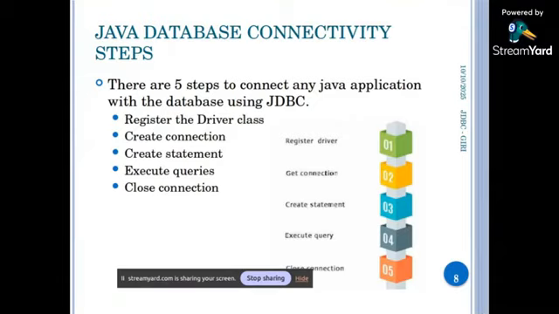So why do I want to register these classes? It is because it is already available in my JDK, so I don't want to do it. So registering a driver class is not needed after the Java 1.9 version. We can just create my connection, create a statement, and execute a query. So that's fine.